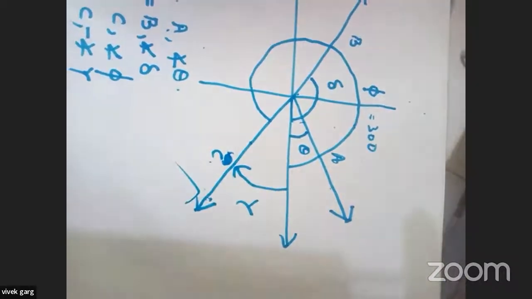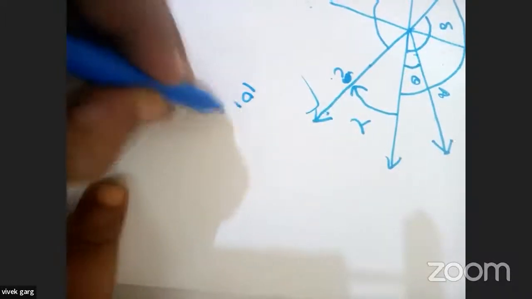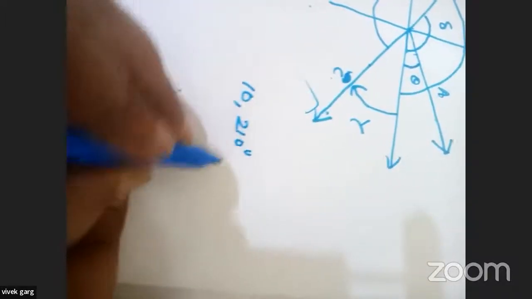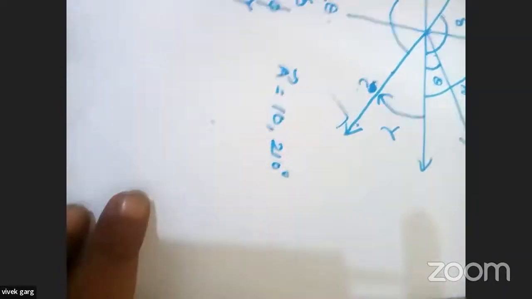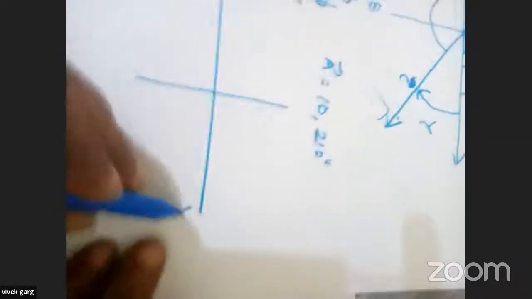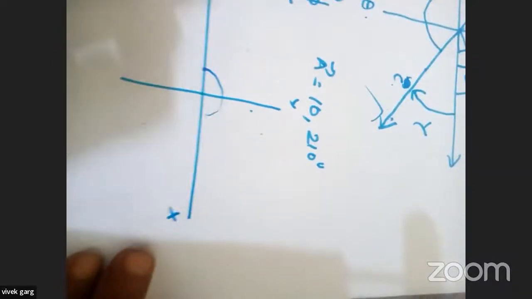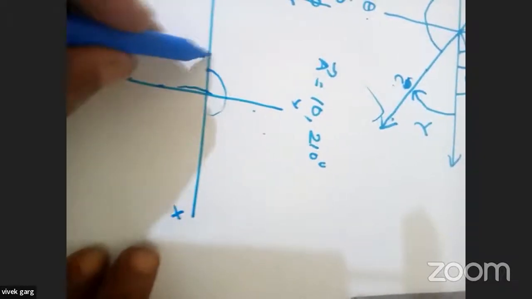So suppose I say there is a vector 10, comma, 210 degrees. How do I represent this? Any numbers, a vector is 10, comma, 210 degrees. How do I represent it on the axes? So I'll make an x-axis and y-axis. From here to here, this is a complete 180, and this is 270. So 210 will be in the third quadrant.